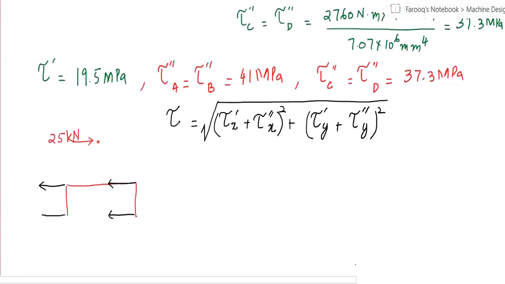So in this case we only have primary X and we do not have the value for primary Y. That is why we can eliminate it. Now let's find out the orientation of our secondary stress at point A, B, C and D.